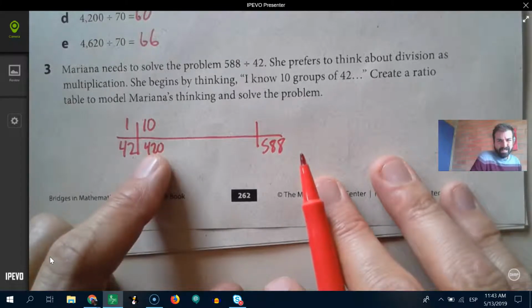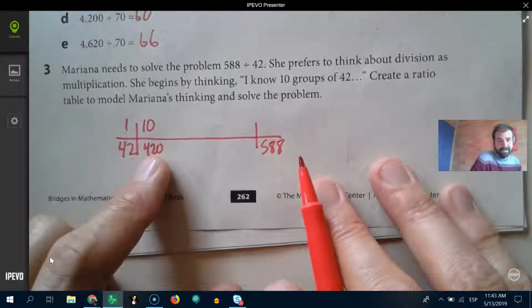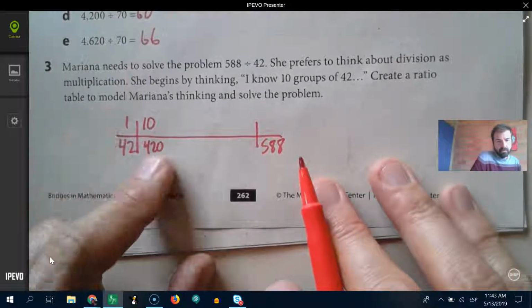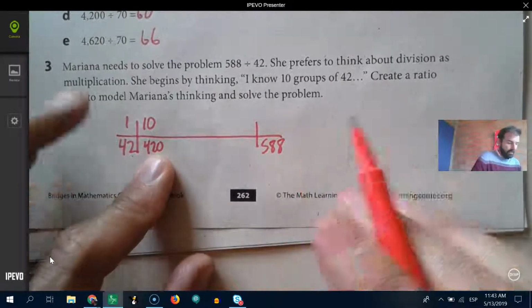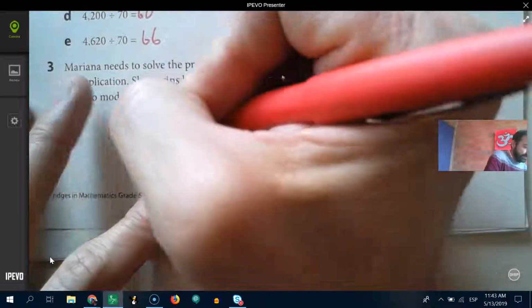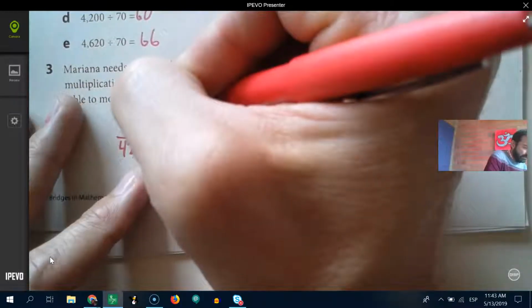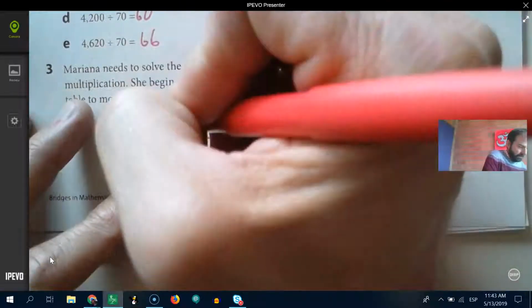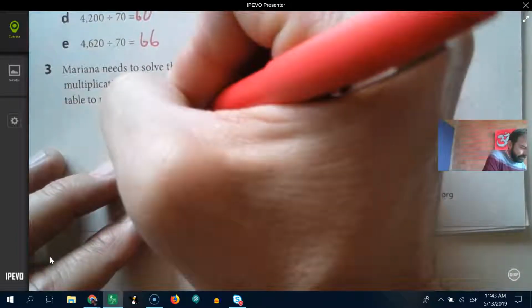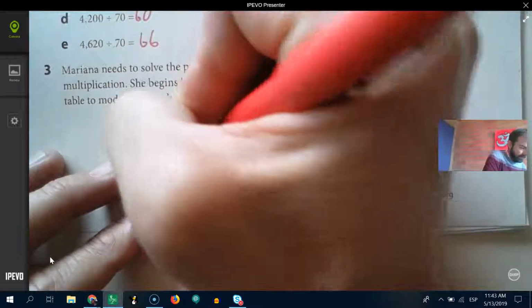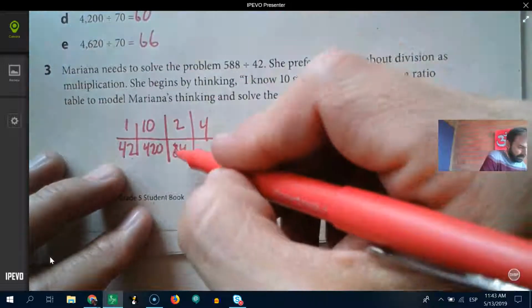Half of 420 is 210. Well, that's too high, so it's not going to be 5. Maybe I'll double. I have a feeling it's 4. So if I double, it's 84. And if I have 4, that's double here.